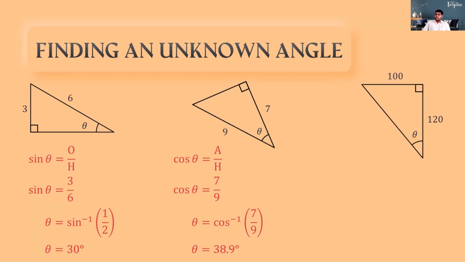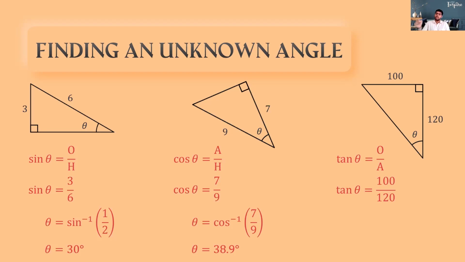Okay, we'll do a last question. Here we have the opposite is 100, the adjacent is 120. Which function, children? Tan function. Correct. Very good. So children, tan theta is opposite over adjacent, and we have opposite as 100, adjacent is 120.